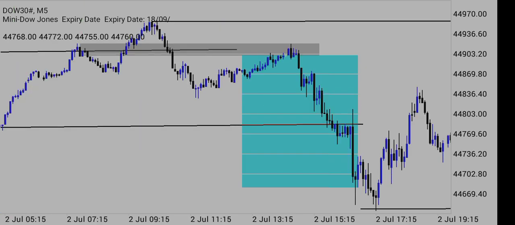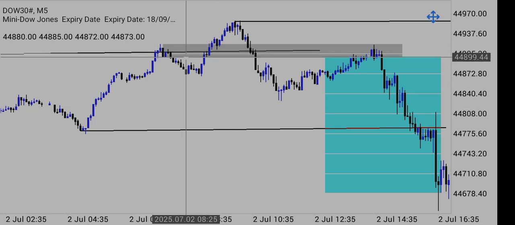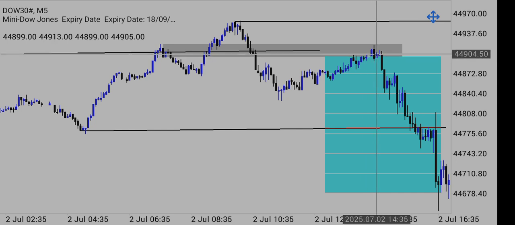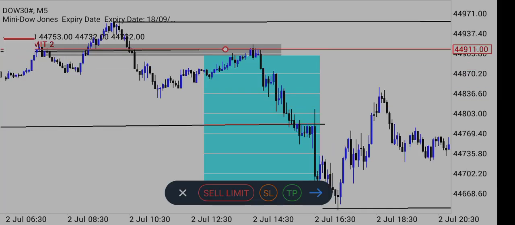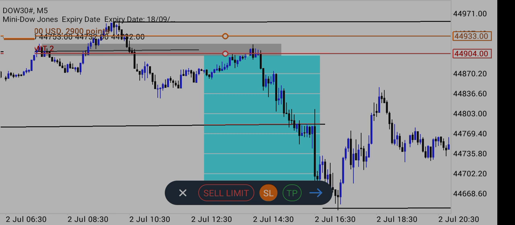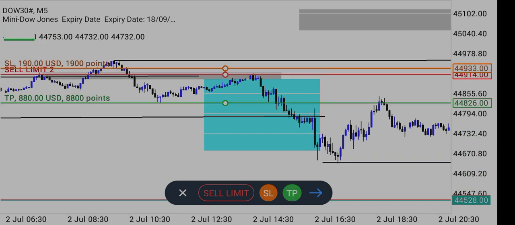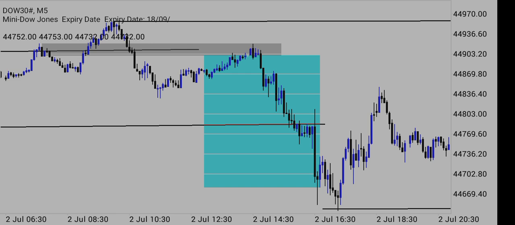So we again entered after mitigation, rejection candle, and we enter. And after the closure, TP should be below or even here. We are at least not gambling.